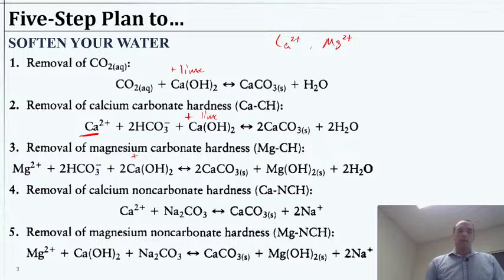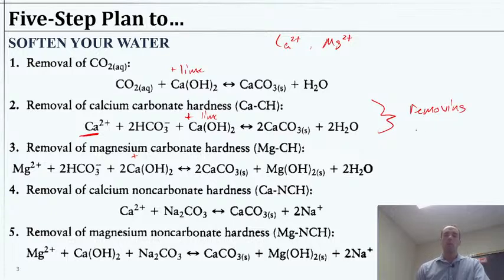Okay, so essentially in these, well, really the first 3 steps, we're removing, the first would be the CO2 or the carbonic acid, but we are also removing that bicarbonate here as well when we do these pieces.